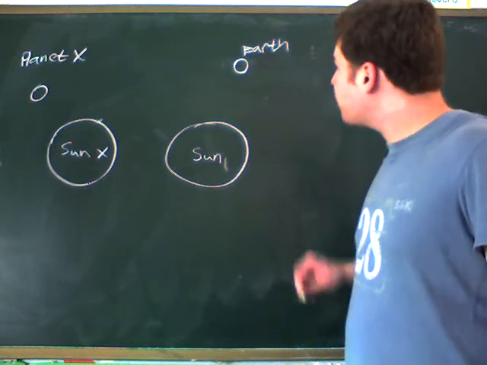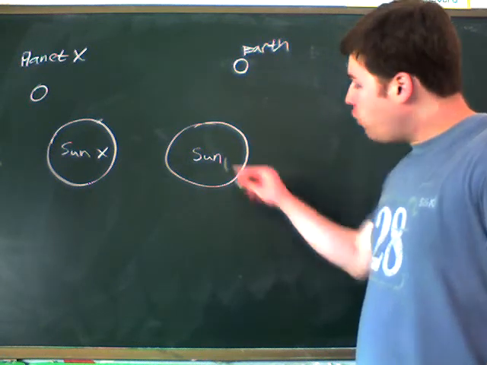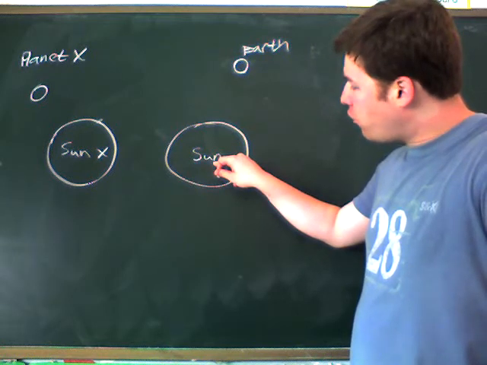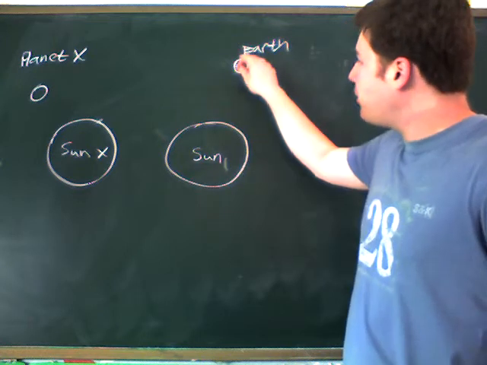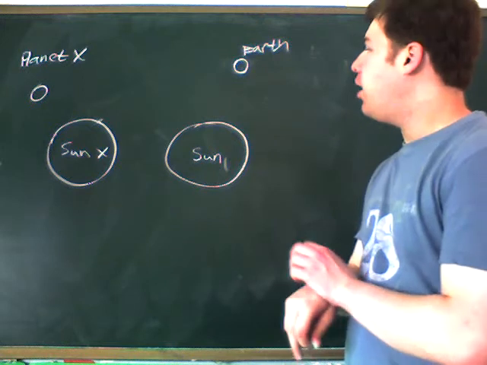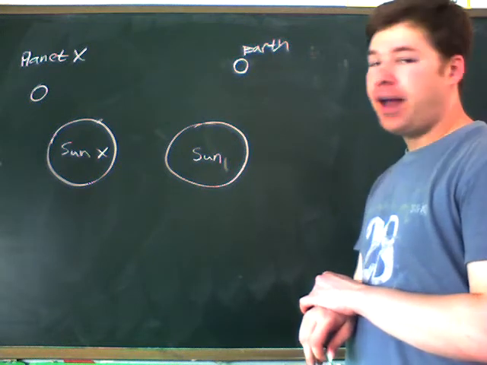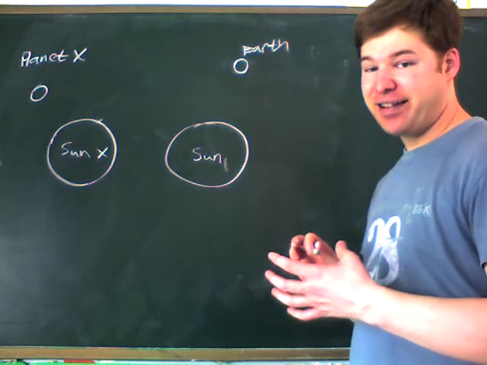All right. So basically, if we want to go from Earth here to planet X over here, we actually need to put a Stargate within a Stargate.